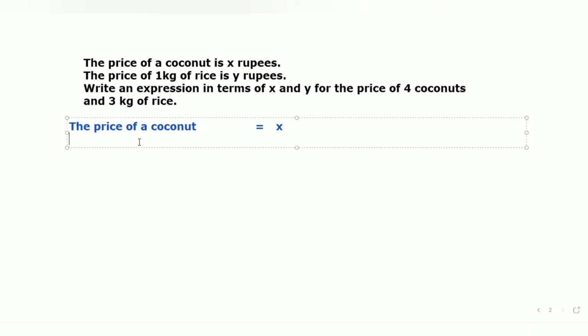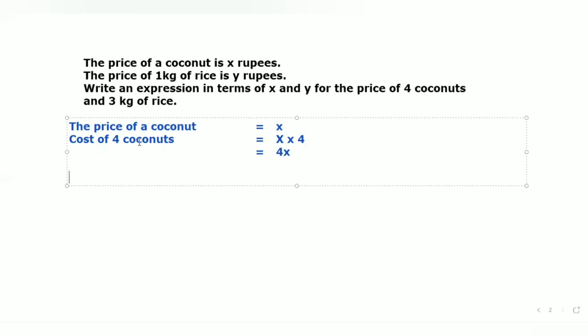Then the cost of 4 coconuts: if one is X, for 4 we have to multiply X by 4, so it will be 4x, right?